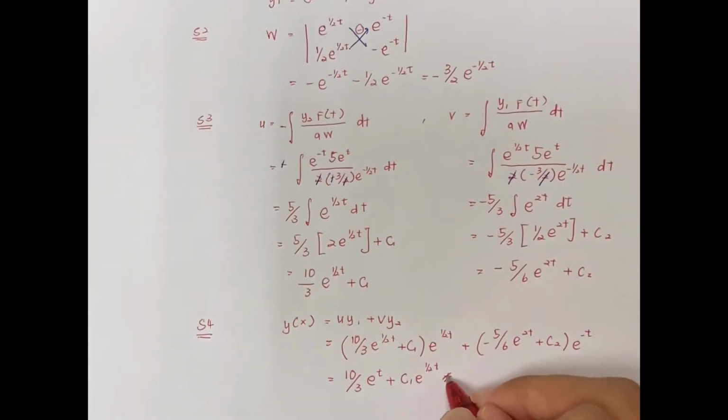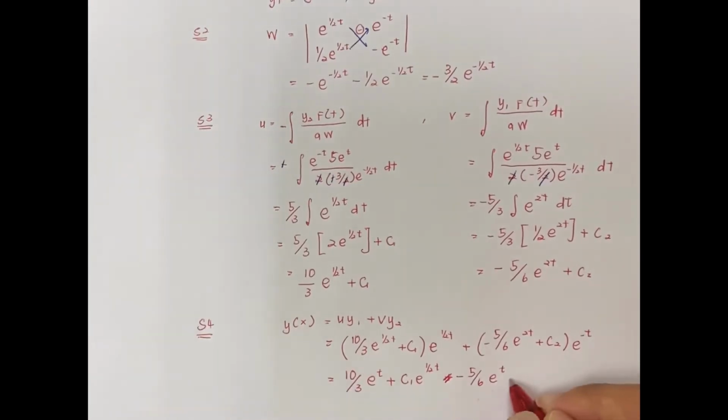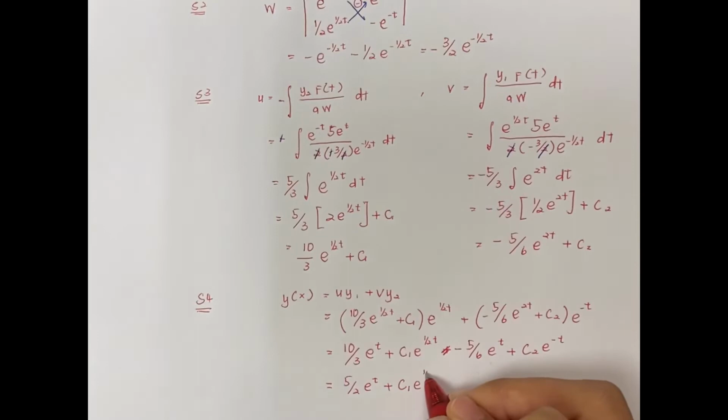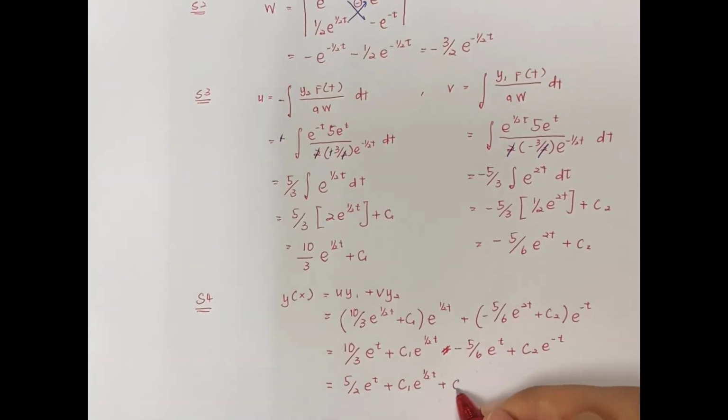So you have minus 5 over 6 exponent t plus C2 exponent negative t. Okay, and this is equal to 10 over 3 minus 5 over 6. It is 5 over 2 exponent t plus C1 exponent half t plus C2 exponent negative t.